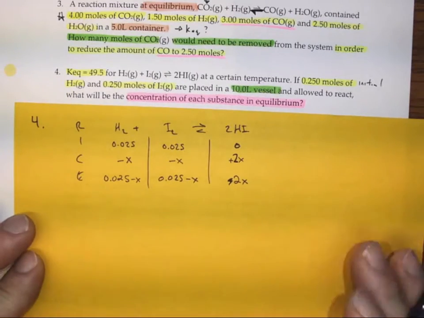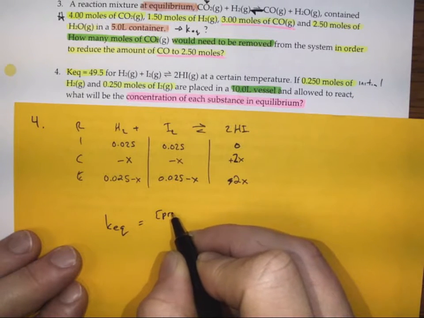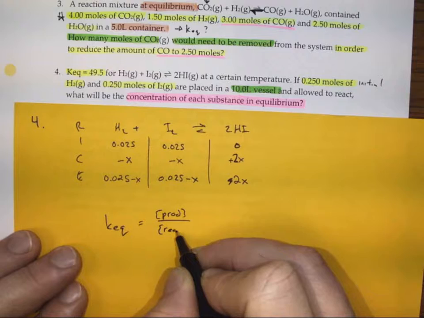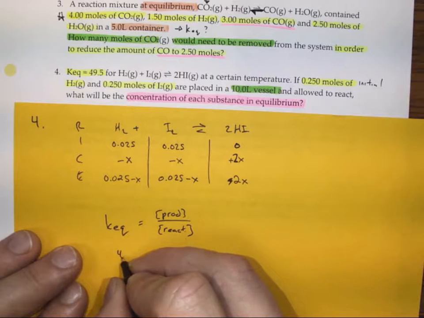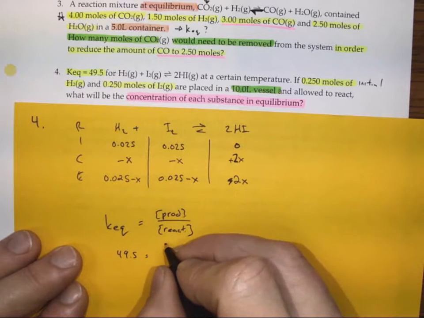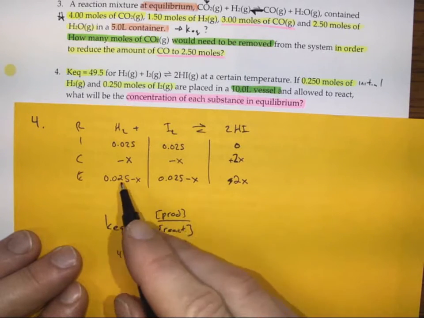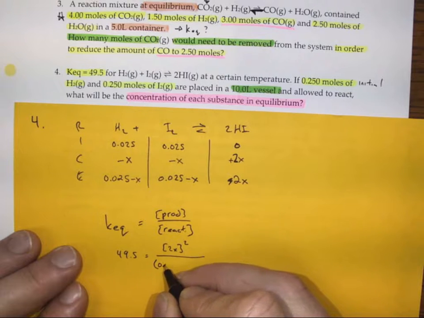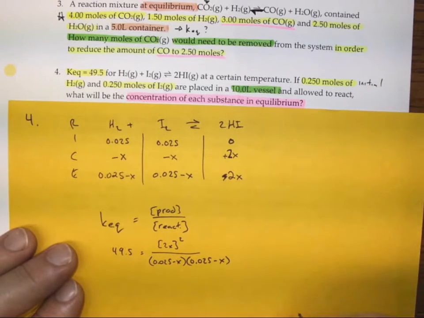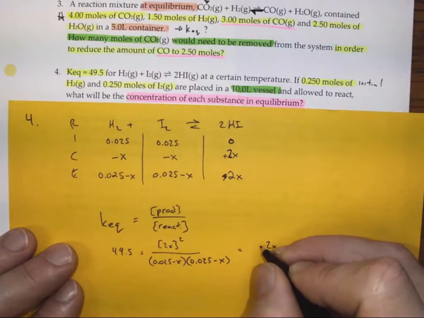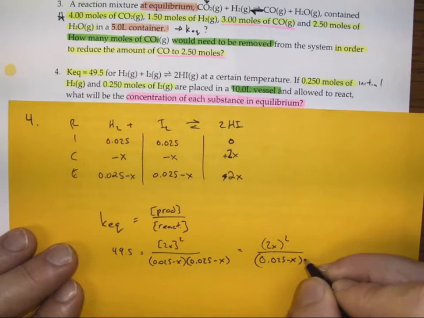All right, so let's see what happens if we put that into our equilibrium expression. Equilibrium is the concentration of our products over the concentration of our reactants. So that means our equilibrium constant of 49.5 is equal to 2X squared, that's my hydrogen iodide concentration, over 0.025 take away X and 0.025 take away X, which is 0.025 take away X squared.